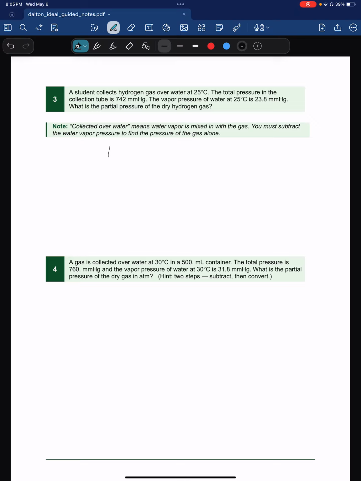And so in this case, the total pressure minus the pressure of the water is going to give us the pressure of the hydrogen gas by itself. All right, so we've got 742 millimeters of mercury for our total.